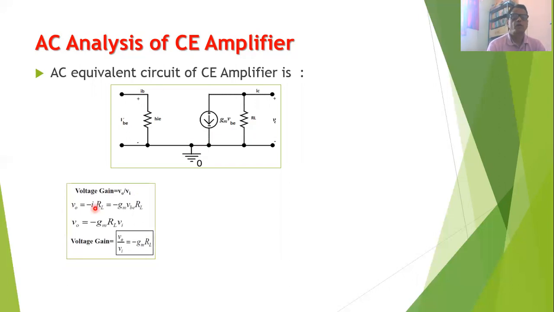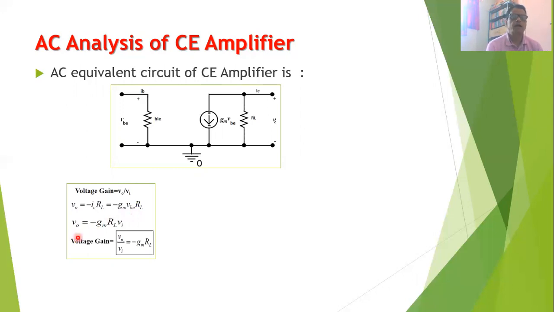Now we can obtain the first expression, which is called the voltage gain of the CE amplifier. Voltage gain is defined as the ratio of output voltage to input voltage. Looking at the diagram, we can write the output voltage as VO equal to minus IC into RL. This IC can be replaced by gm into vb, so VO is equal to minus gm into vb into RL.